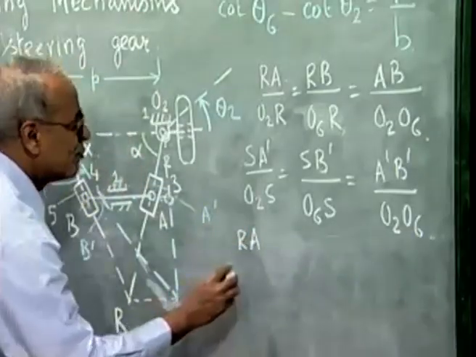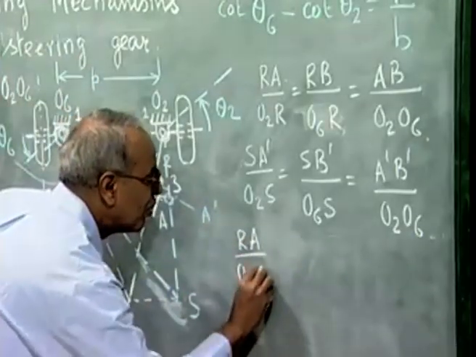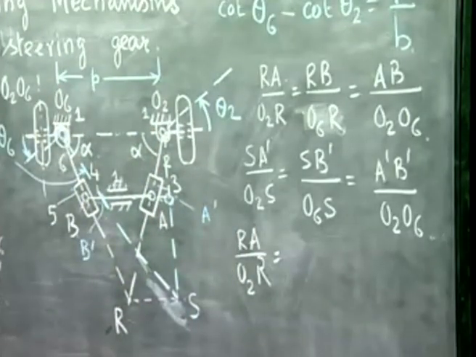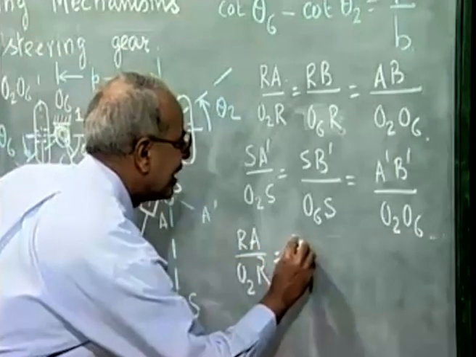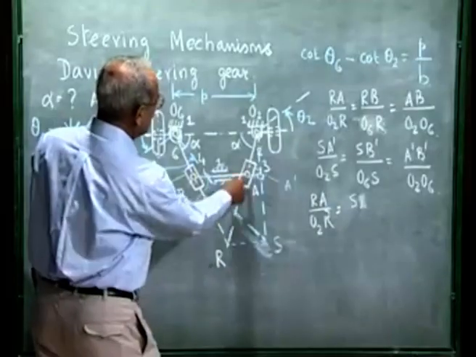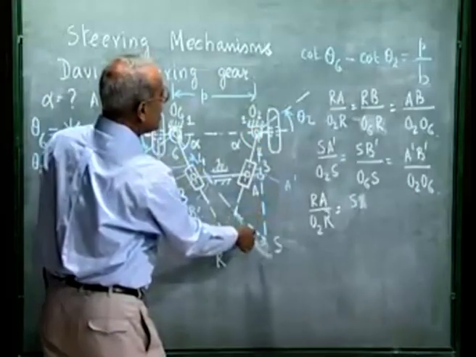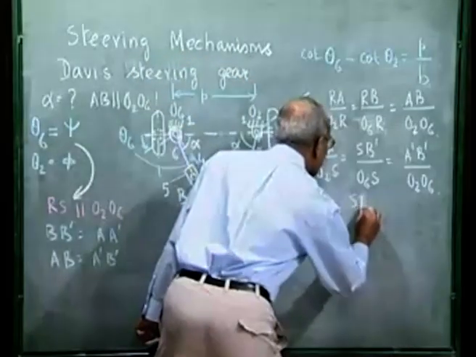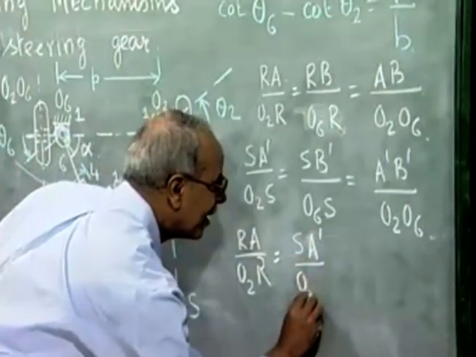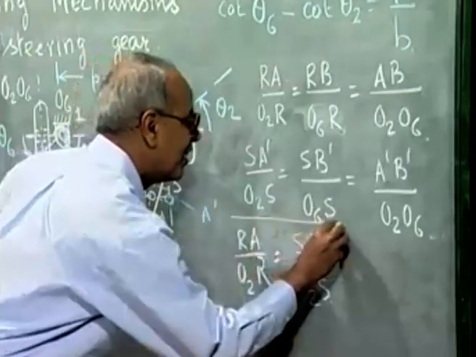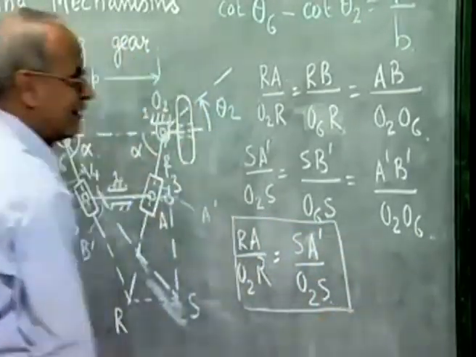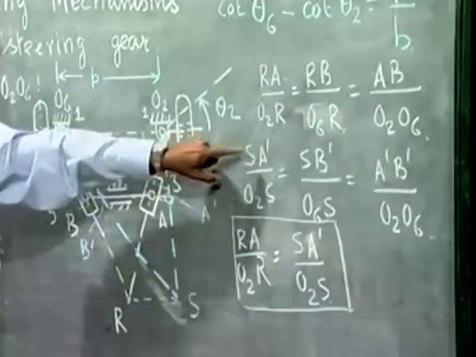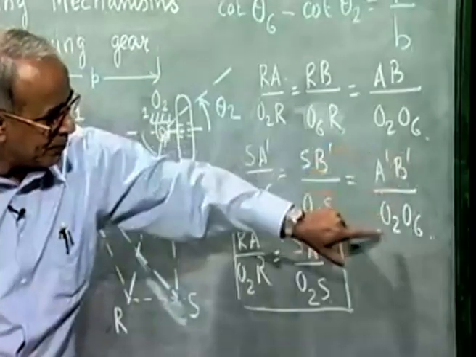So we can write RA by O2R is the same as SA prime by O2S. RA by O2R is AB by O2O6, and SA prime by O2S is A prime B prime by O2O6.